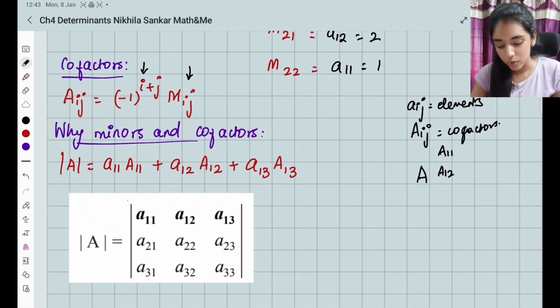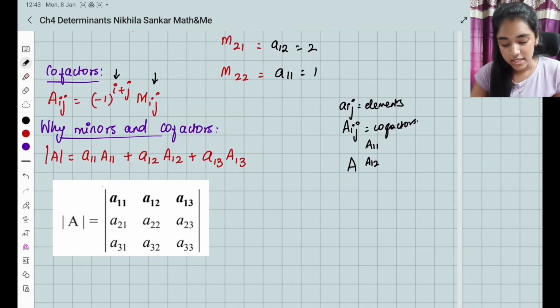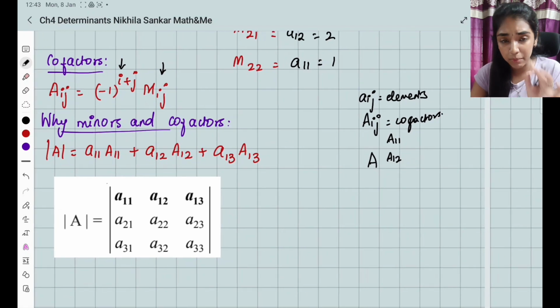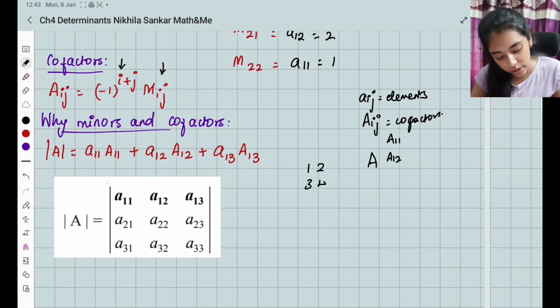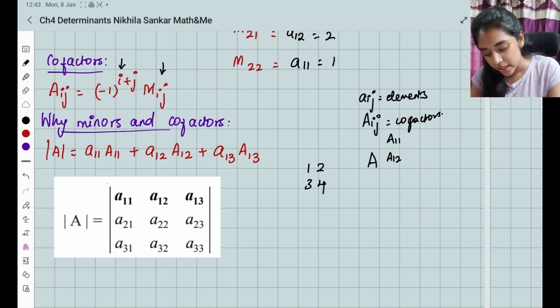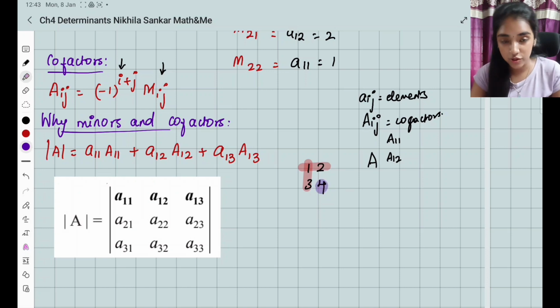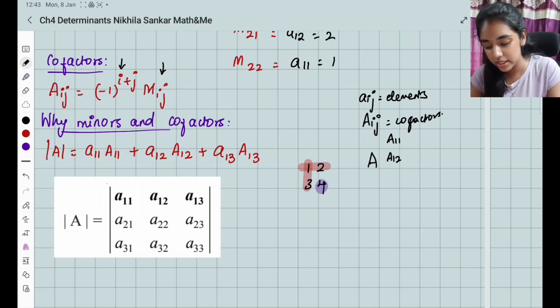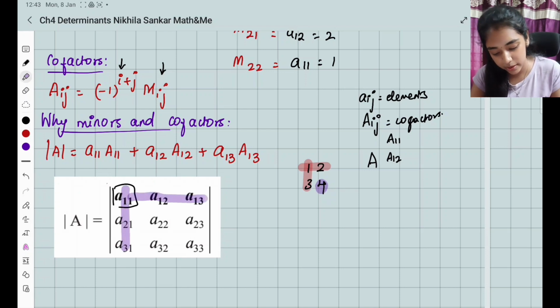Okay, now why minors and cofactors? எதனால நம்ம இதை கண்டுபிடிக்கிறோம்ன்றதை பார்க்க போறோம். So first of all, how do you find the minor of a 3 by 3 matrix? இப்போ 2 by 2 க்கு நம்ம ஈஸியா கண்டுபிடிச்சிட்டோம். இப்போ 1, 2, 3, 4 இருக்கு அப்படின்னா the minor of 1 is going to be, அந்த ரோவையும் அந்த காலமையும் ஹைட் பண்ணா it is going to be the number 4. இப்போ இதே வந்து 3 by 3 matrixல எப்படி இருக்க போகுது? இப்போ A11 க்கு if I have to find the minor, I have to hide this particular column and hide this particular row.